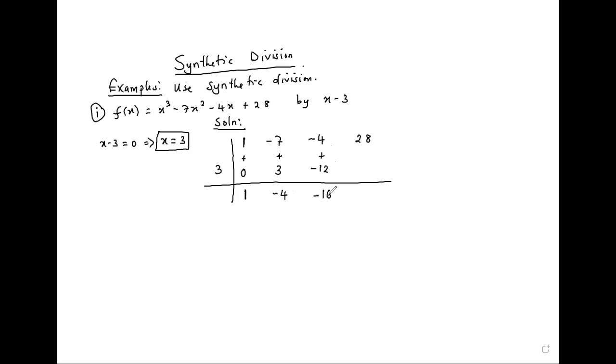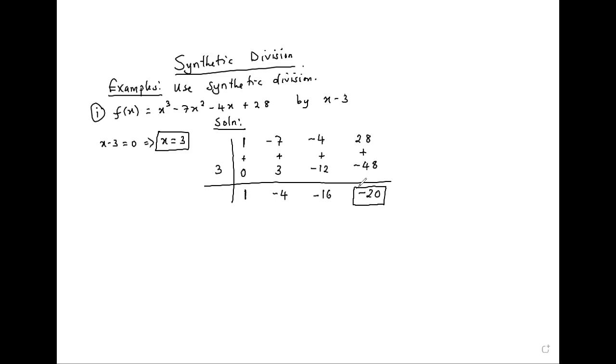I want to be sure. What is 3 times 16? Oh, it's negative 48. Then we continue the addition. So 28 plus negative 48, we get negative 20.